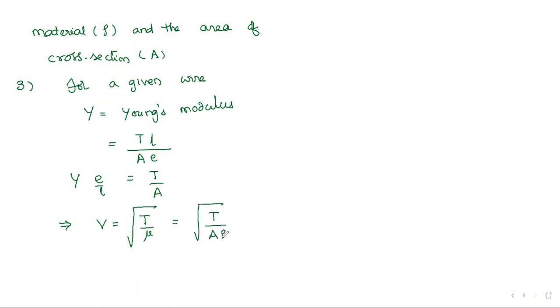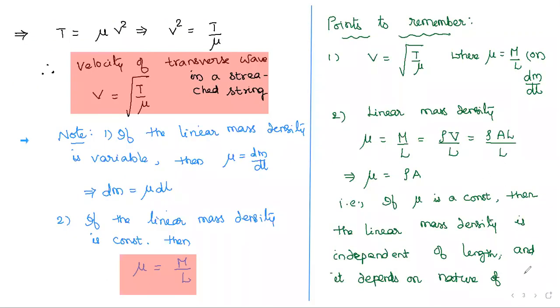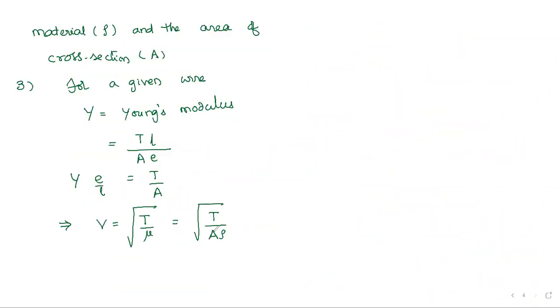Then T by A we got. So why don't I replace it with root of Y E by L into, in the denominator, rho? This is one more formula here.